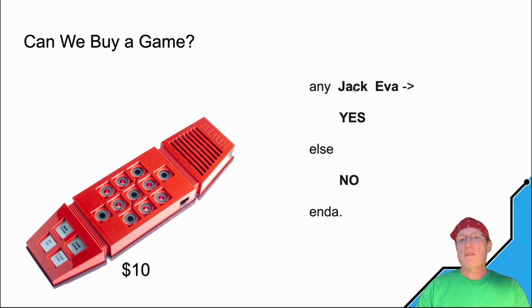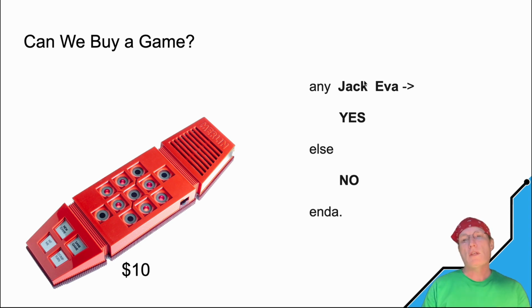So the first case is if Jack and Eva both have the $10, then fine, they can buy the game. Because the any statement is happy if any one of the tests passes, or if any one of the tests is true. So if Jack has $10 and Eva doesn't, yep, we can still buy the game. If Jack has no money and Eva has $10, then yes, we can still buy the game, because we only need one of these tests to be true.